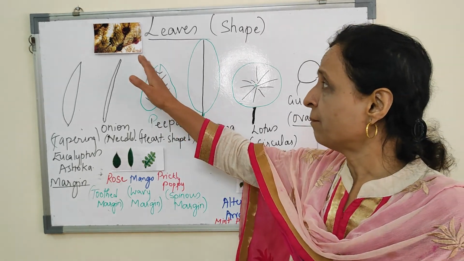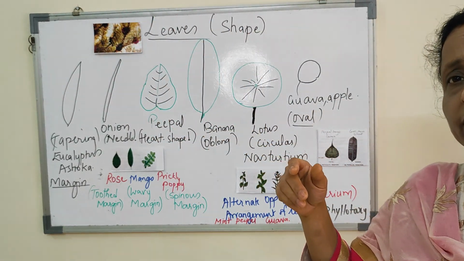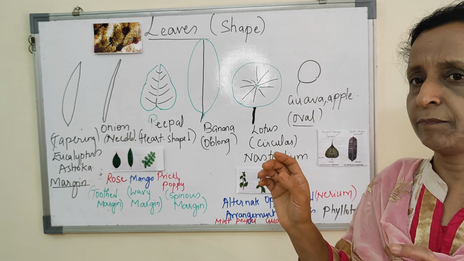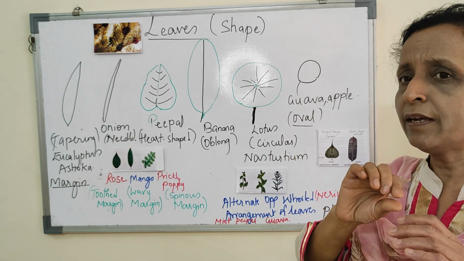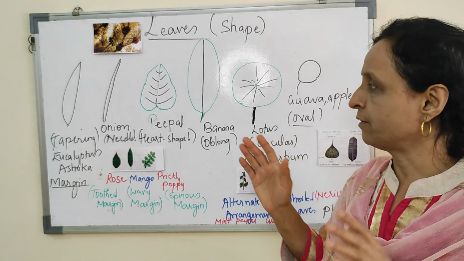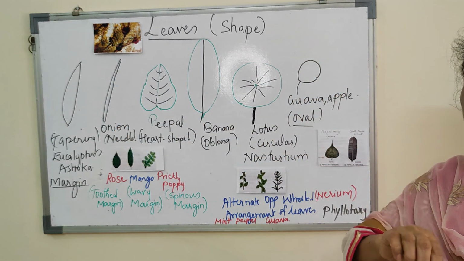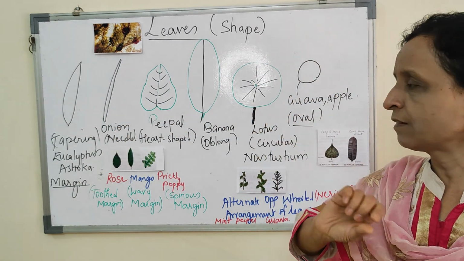And you must have studied the leaves in the cold region. They are spine-like, needle-like. Why? Because they have to protect themselves. Then in our region you find onion leaves. They are also needle-like, very thin.